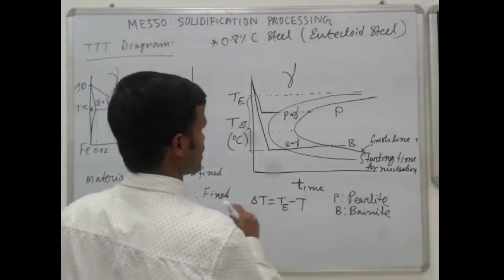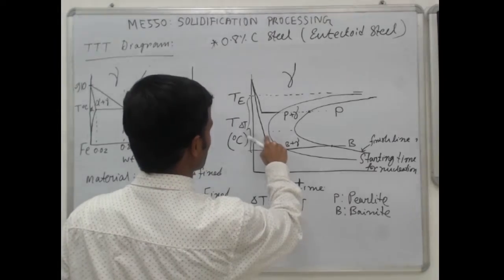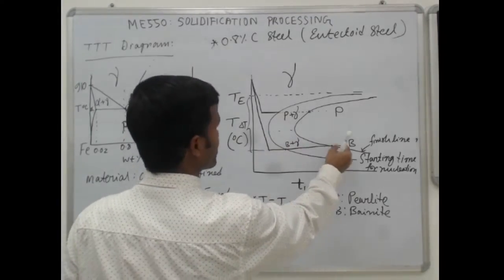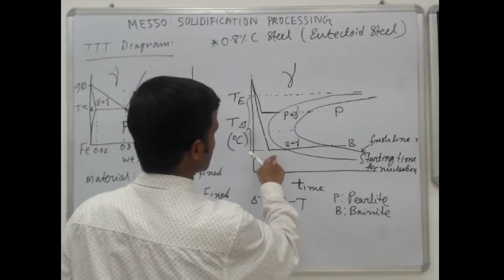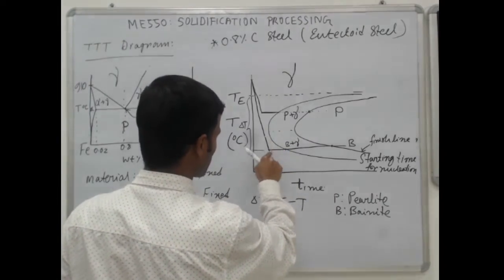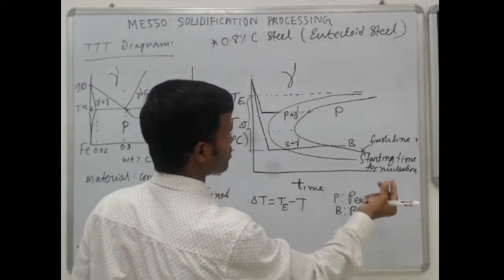Now bainite, if your undercooling is just below the nose, you will get coarse bainite. If your undercooling is very high, you will come far below this nose, and as a result you will get very fine bainite.